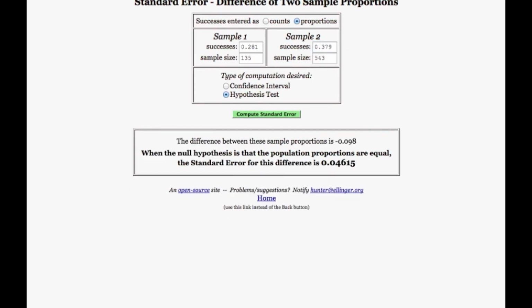We can see it comes out to be essentially the same. It differs in the 10,000ths or 100,000ths place just because we had done a little bit of rounding on those two calculations. But if you're given your information as proportions instead of counts, don't think that you have to back calculate the counts in order to use this calculator.